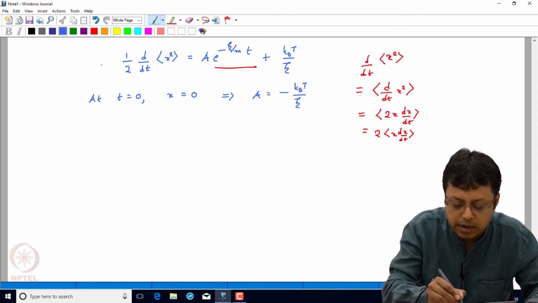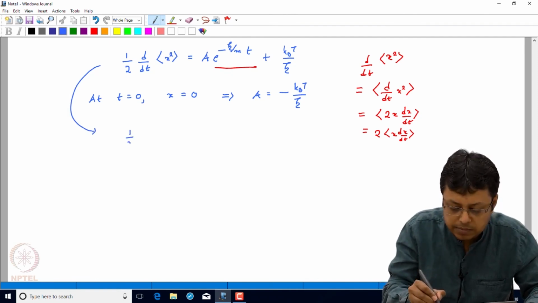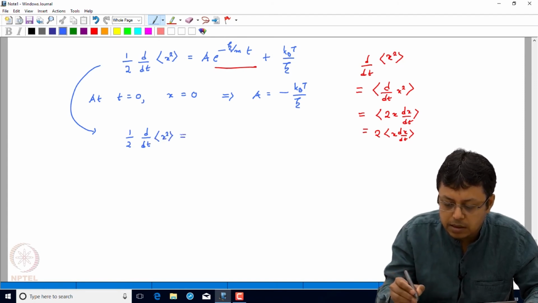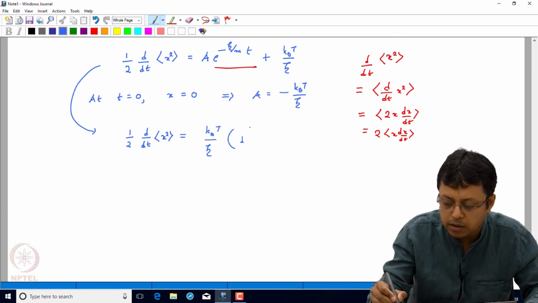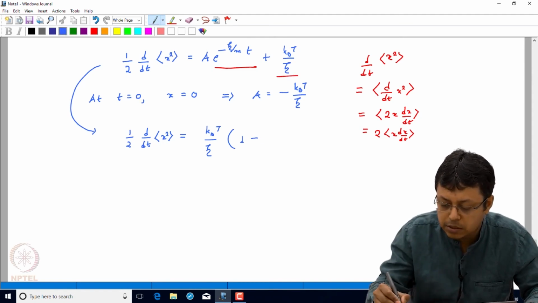So I can rewrite this equation as half times d/dt of x squared average is kBT by zeta, taking it common, times 1 minus e to the power minus zeta by m into t.